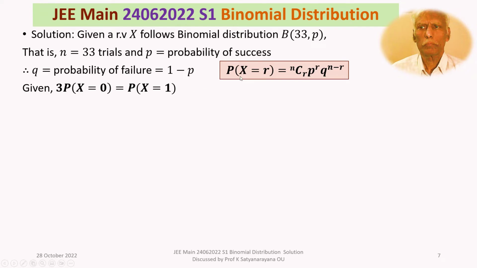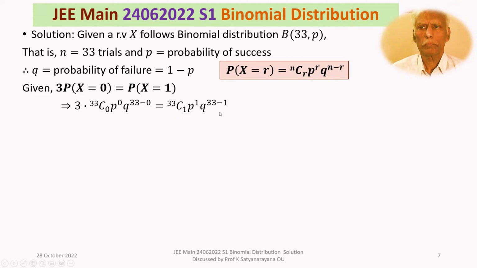P(X equal to 0) from this formula, and 3 into probability of X equal to 0: put n equal to 33, r equal to 0, and this is equal to the probability of X equal to 1, in which n is equal to 33, r is equal to 1.